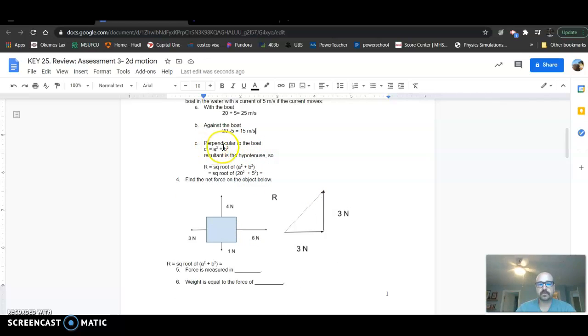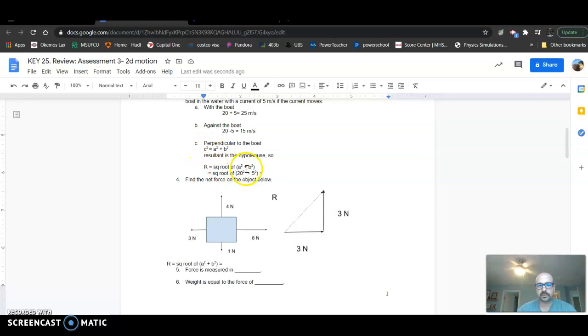I put some stuff in earlier so I wouldn't have to take time on the video to do all this. If the current is perpendicular, sometimes we make the mistake of thinking that if it's with the boat, it'll speed it up, if it's against it, it'll slow it down, and if it's perpendicular, it won't do anything. That's not true. Here's where we would use the Pythagorean theorem. Because our resultant is the hypotenuse, we use r instead of c.